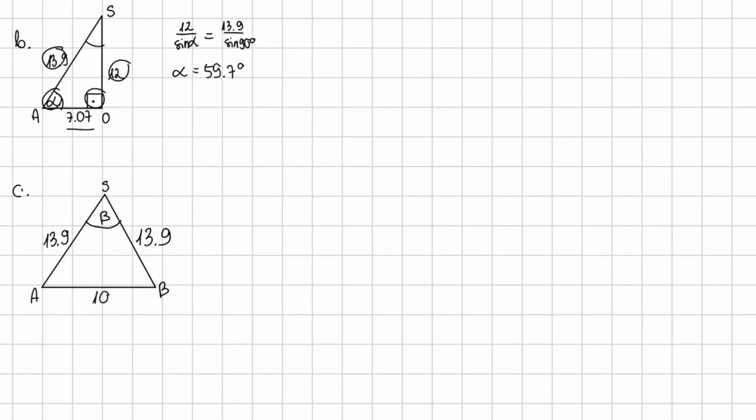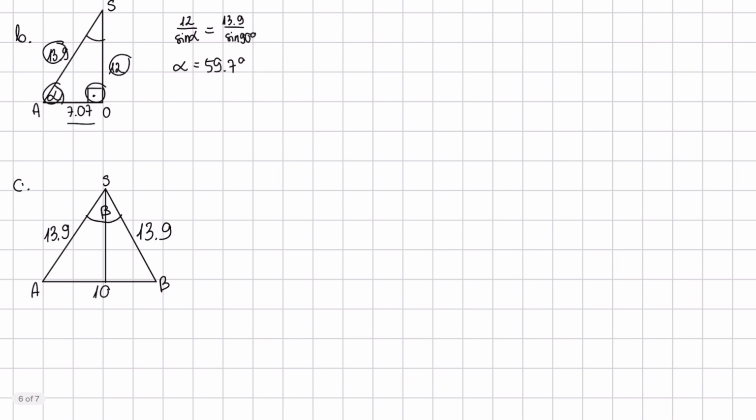So now we have to think what we can do to find this angle. Obviously, when we don't have a right-angled triangle, we can divide this triangle into two smaller ones. So let's suppose they are the same, because on my image they are not, but they have to be. So here they have a right angle.